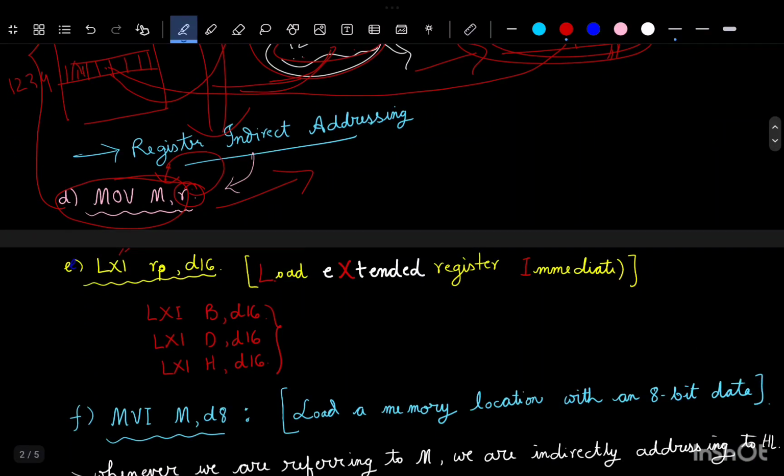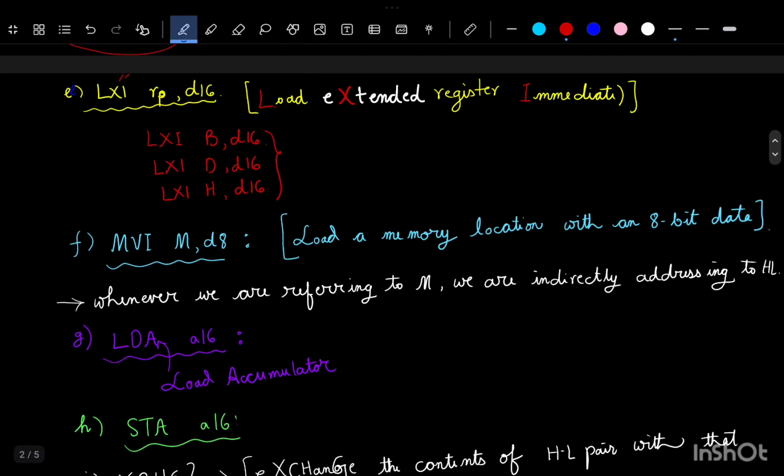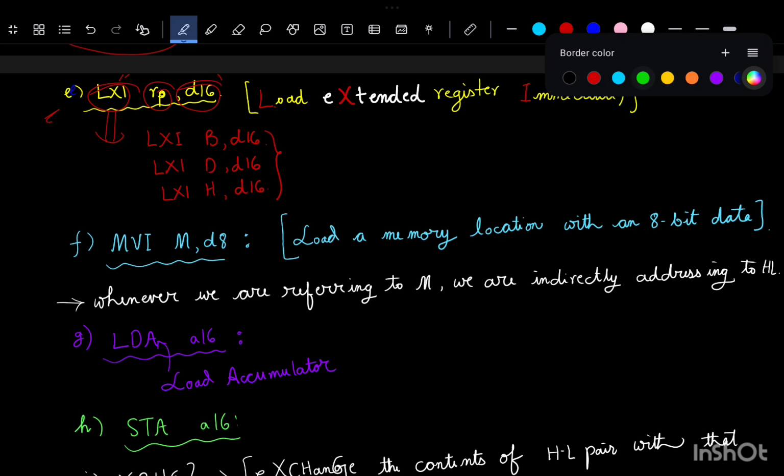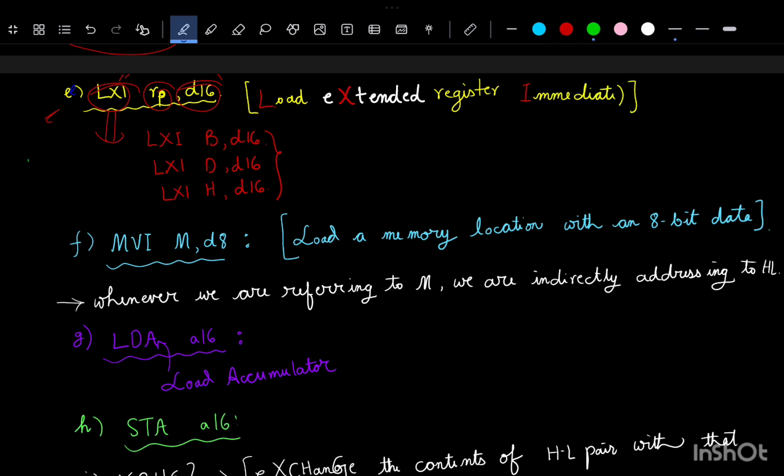So let's look at the fifth instruction, LXI RP comma D16. So if we break down this mnemonic, what we can see is that it has L, X, and I. So what is L? L means Load.